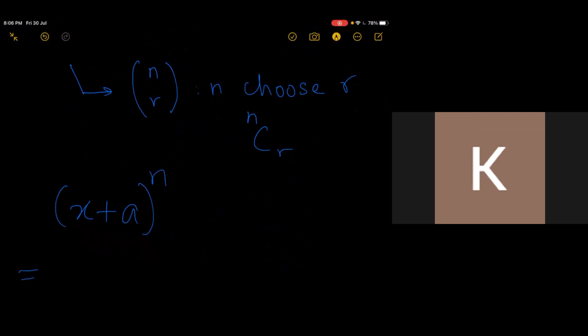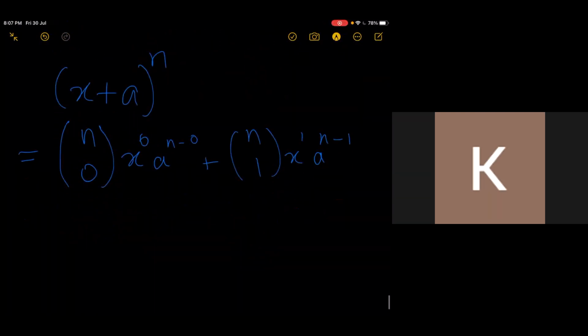So the expression is given by nC0 x to the power 0 a to the power n minus 0, plus nC1 x to the power 1 a to the power n minus 1, plus nC2 x to the power 2 a to the power n minus 2, and so on.